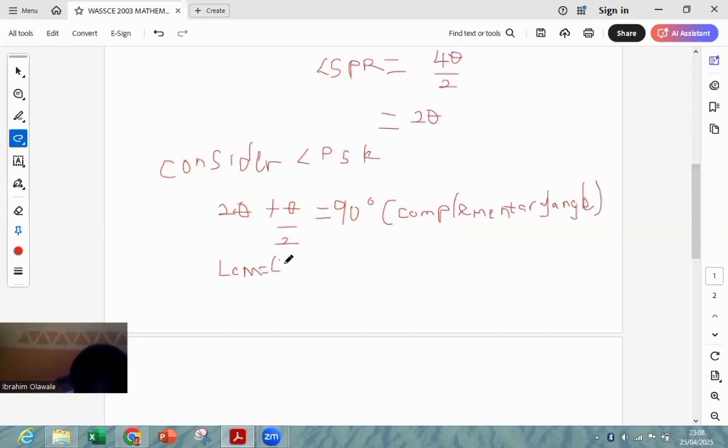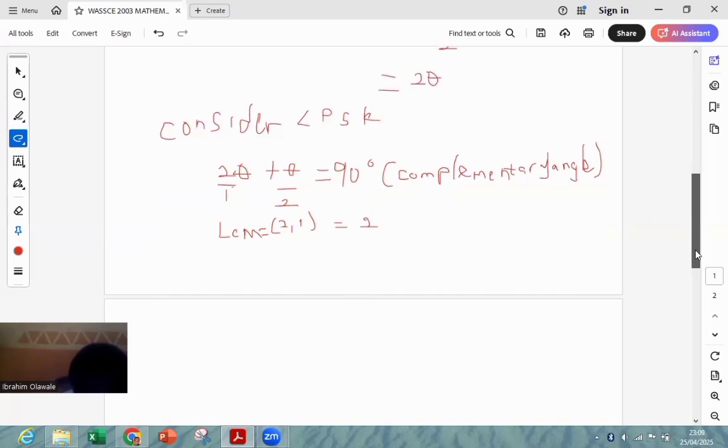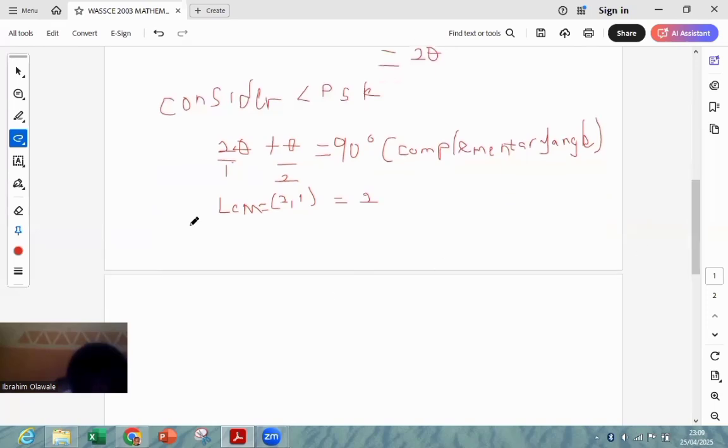The LCM of 2 and 1 is 2. So if I clear fraction by multiplying through by 2, I will have 4 theta plus theta to be equal to 90 degree.